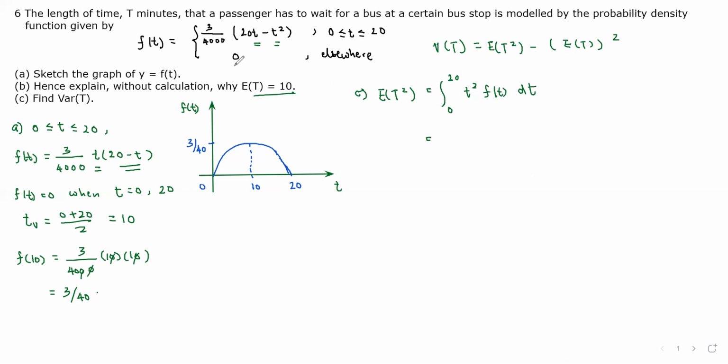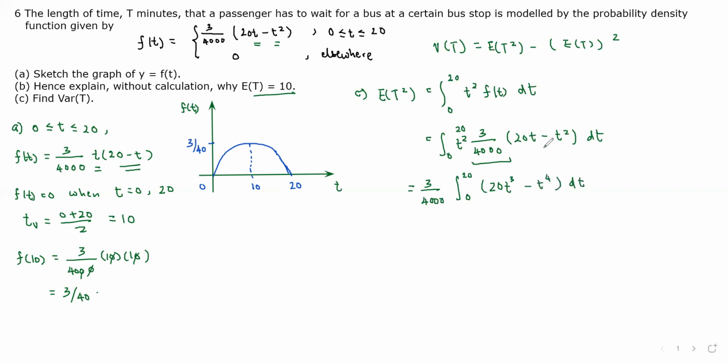So t squared f of t. You have 0 to 20, and then we have 3 over 4,000 times 20t minus t squared. You still need to multiply by t squared. We can pull out the constant 3 over 4,000. And then we just integrate 20t cubed minus t to the 4 with respect to t.